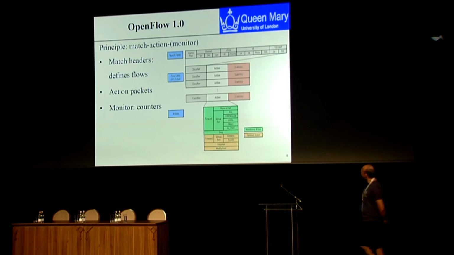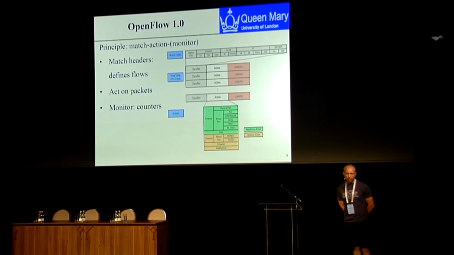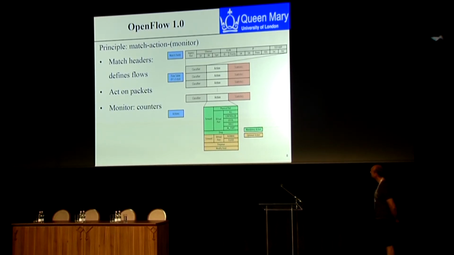That's a view of what OpenFlow 1.0 looks like from a data plane perspective. So SDN, yes, it controls data plane separation, but it's also handling flows and what happens when packets arrive at a device differently. So the principle is to have match actions and potentially monitoring.